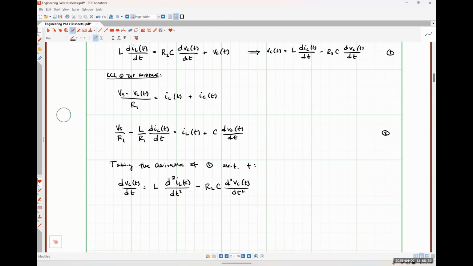And my concern is that if I were to substitute this whole thing in to right here, I still don't have everything explicitly in terms of my inductor current because I still have a capacitor term.